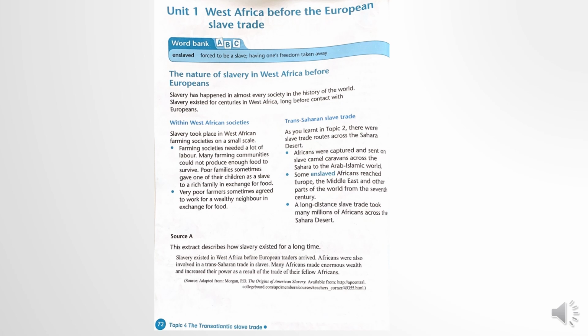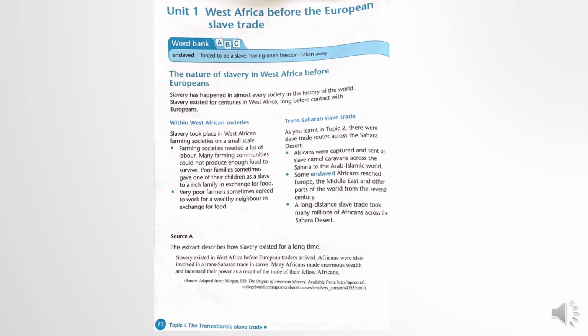All right, so let's read through this. The nature of slavery in West Africa before Europeans. Slavery has happened in almost every single society in the history of the world. Slavery existed for centuries in West Africa, long before contact with Europeans. Within West African societies, slavery took place in farming societies on a small scale.